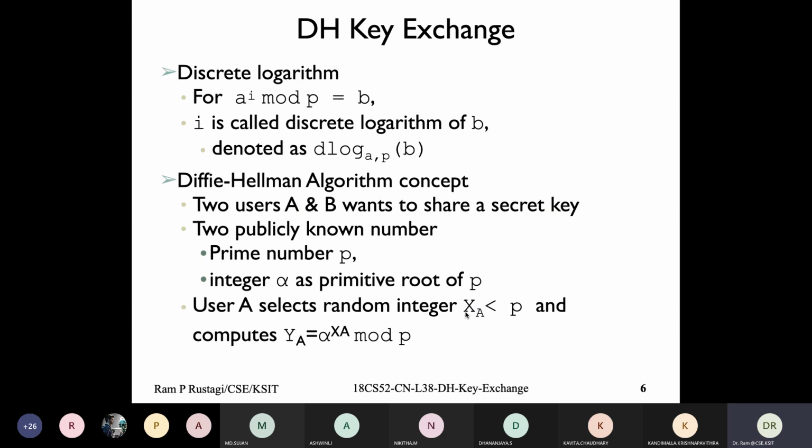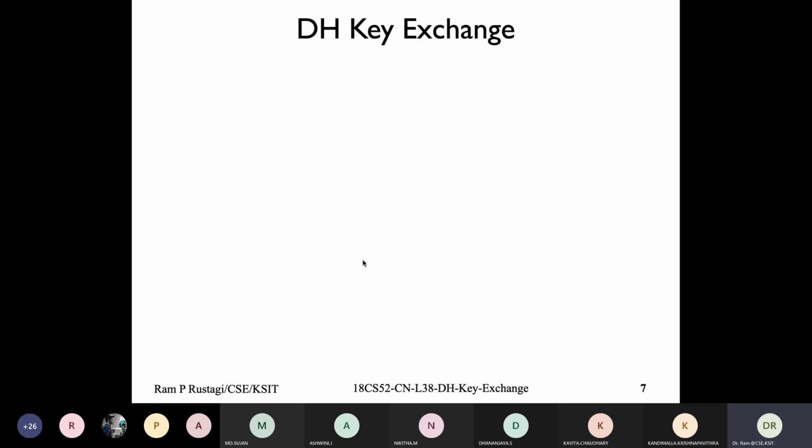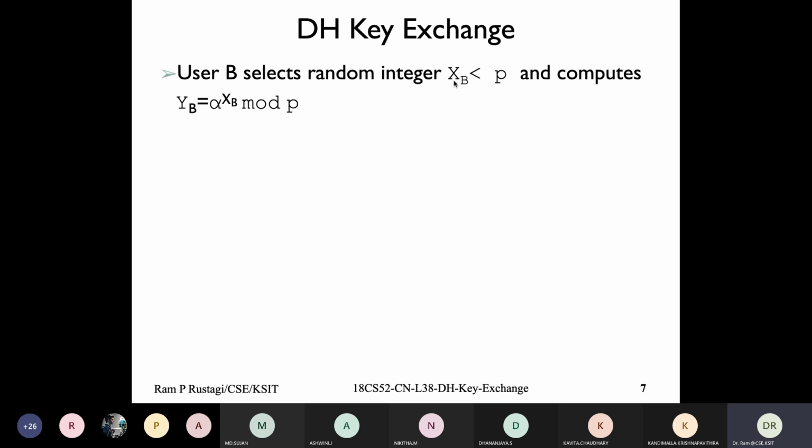User A computes alpha raised to power XA mod P, and let's say that number is YA. XA is known only to user A and is not shared. Alpha and P are known to everybody, including user B. User B also selects a random number XB less than P and computes YB, alpha raised to power XB mod P. XA is known only to A, XB is known only to B, nobody else.